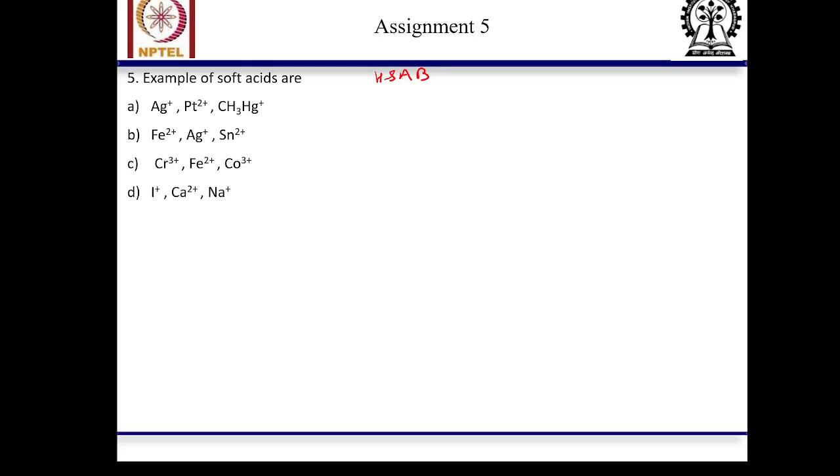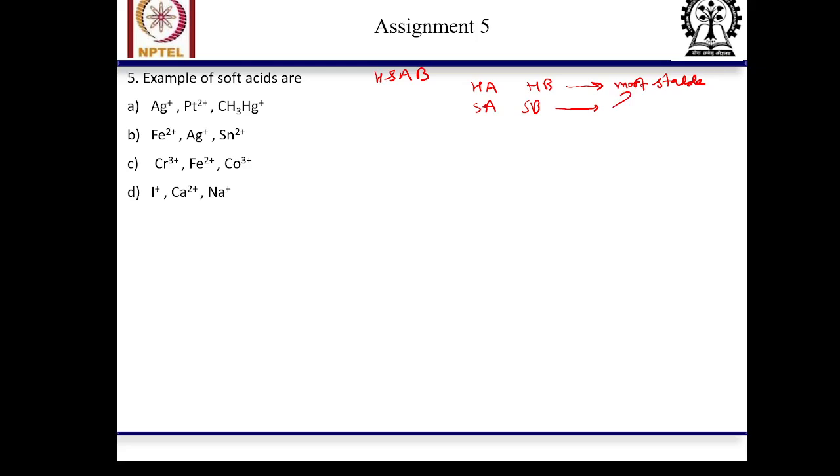If we have a hard acid and a hard base, this will give the most stable compound, and if we have a soft acid and a soft base, that will also give the most stable compound. Basically a hard acid prefers to combine with a hard base and a soft acid prefers to combine with a soft Lewis base. Such combinations give the more stable product.